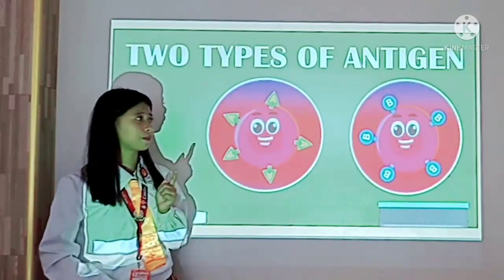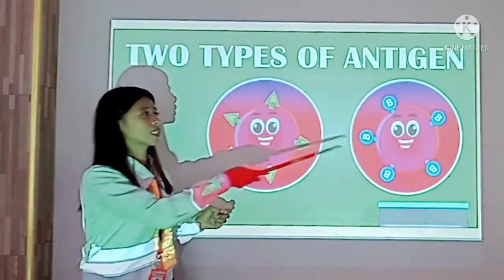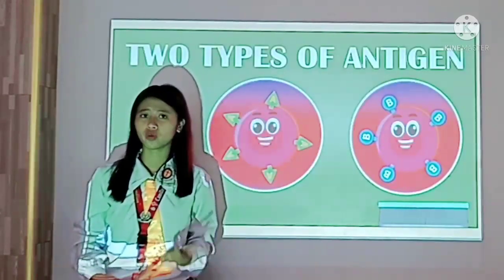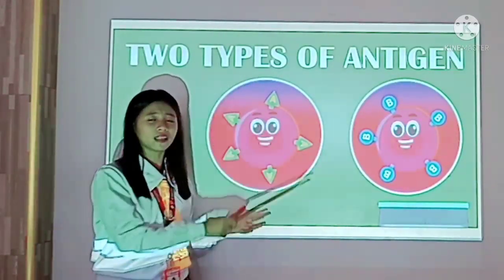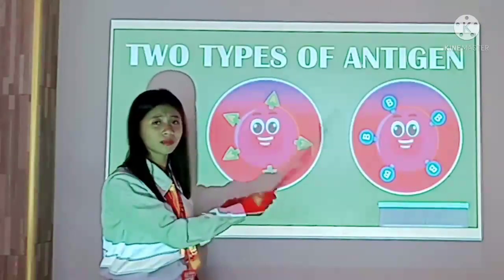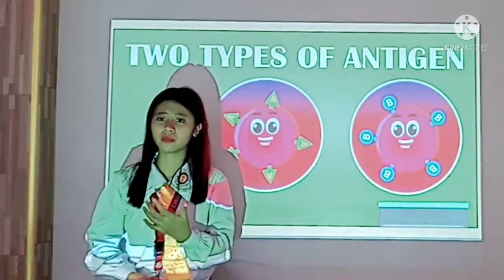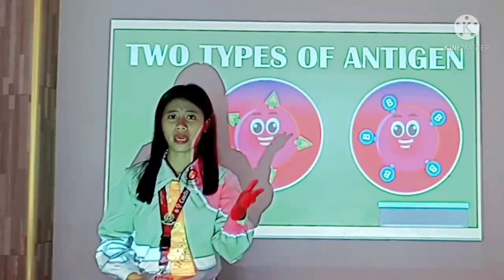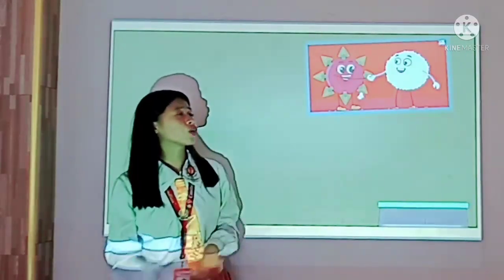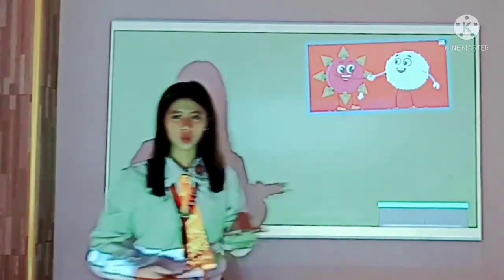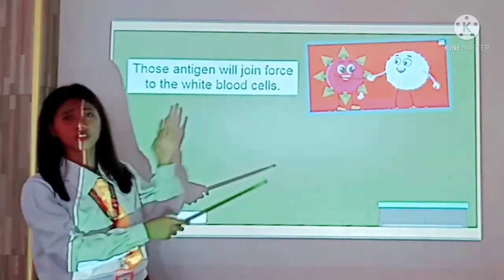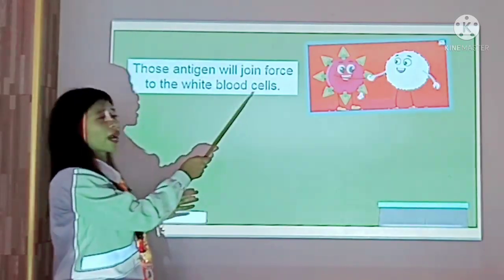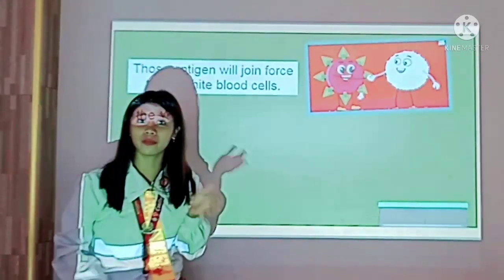And remember, this antigen will determine, like what I said earlier, this antigen, which is A and B, will be responsible for what type of blood we have. Now, this antigen will join forces with the white blood cells in our blood.